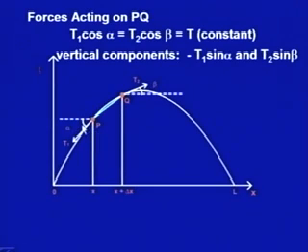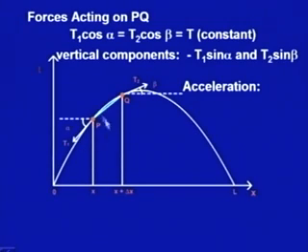Why the minus sign? Because this tension is towards the downward side. And for T2 the vertical component would be T2 sin beta. These are the forces which are acting at these 2 points P and Q on this string.